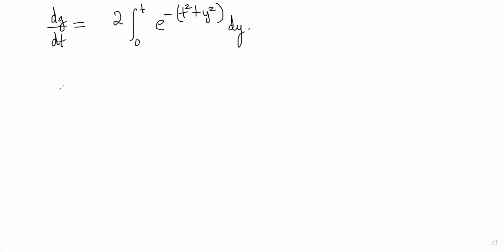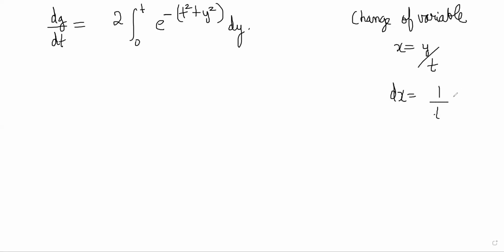Now, the next step in the process is a change of variable. So what is the change of variable that we'll try to do here? We'll say x is equal to y by t. If x is equal to y by t, dx is equal to 1 by t dy. So therefore, dy is equal to t dx.